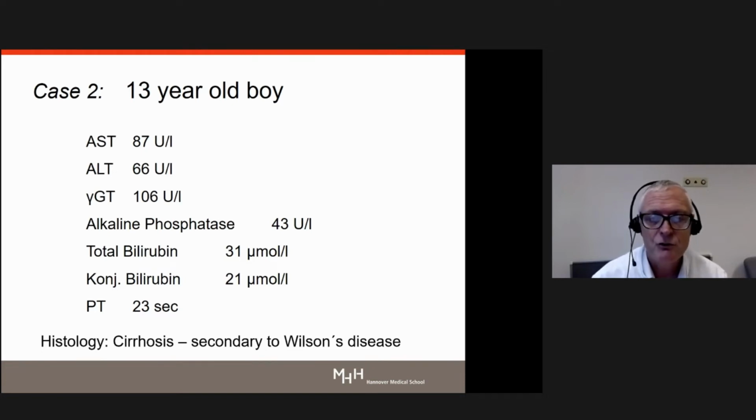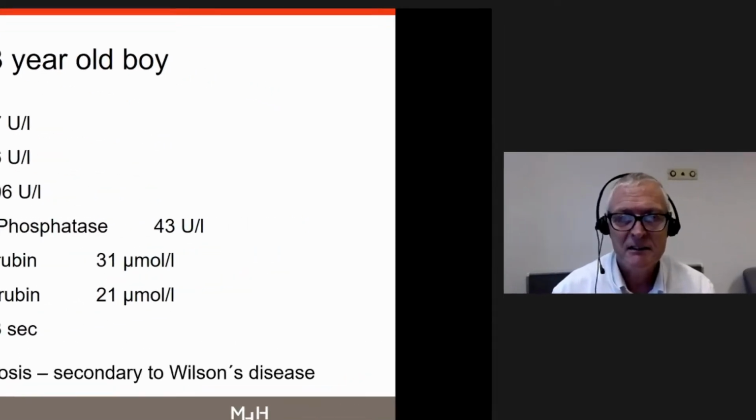Alkaline phosphatase is notorious for such low figures because it contains zinc. As iron is part of hemoglobin, zinc is part of the alkaline phosphatase molecule. And you all know that in copper toxicity, you get very low zinc levels. That's the principle of why you treat patients with zinc, to balance the two metals.